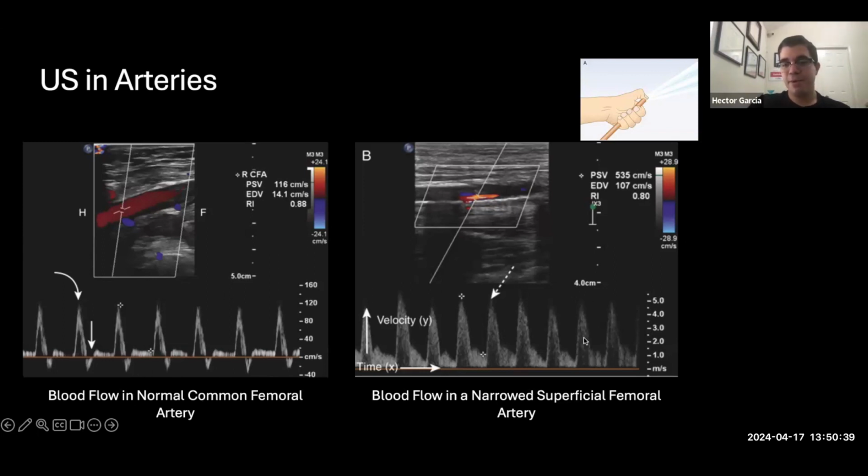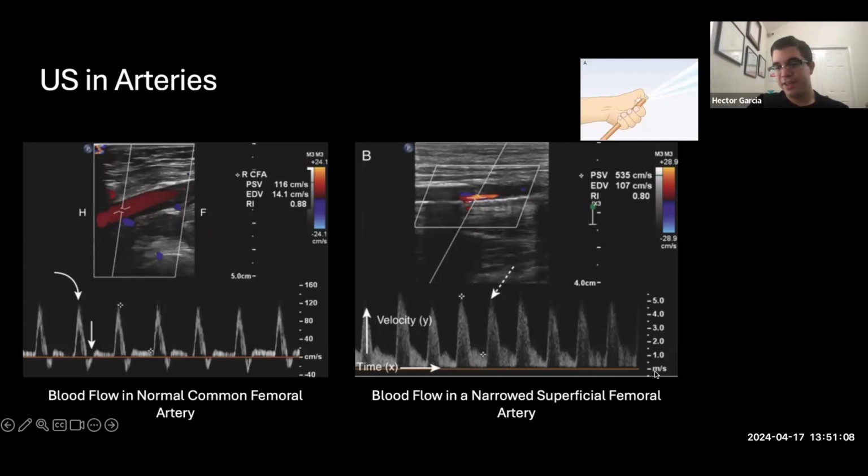Now, let's see what happens when you have a narrowed superficial femoral artery. Just imagine, as a kid, playing with a garden hose, and at the tip, if you narrow it, then it's going to shoot even faster. And that's what happens here. So in the spectral Doppler, we see that everything is above the baseline in the femoral artery.